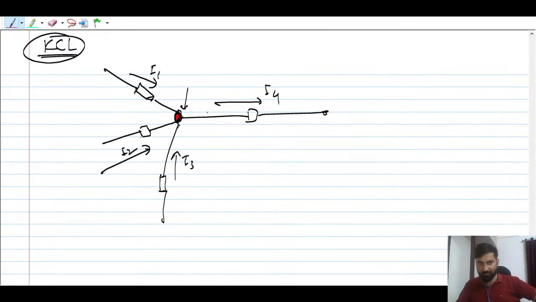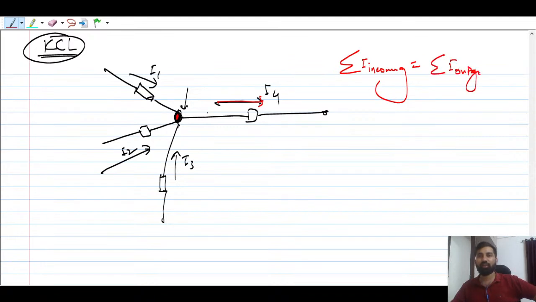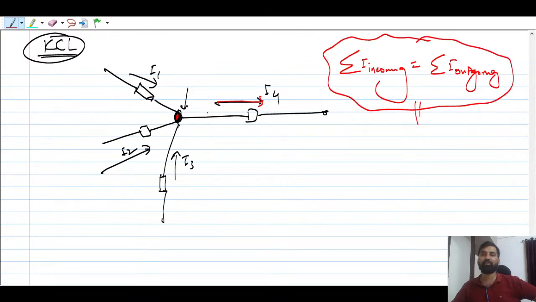The currents are coming in and currents are going out. So remember, the sum of incoming currents to the node is equal to the sum of outgoing currents. This is the very basic definition of KCL.